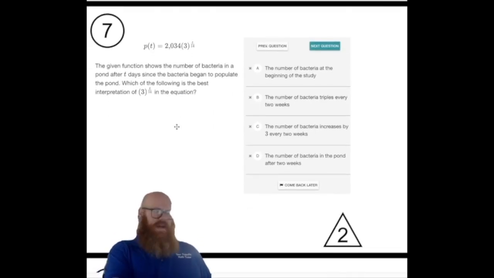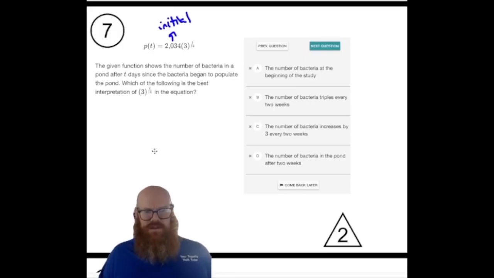All right, number 7. So we need the interpretation of 3 to the t over 14. So basically, this is going to always be our initial amount in an exponential model. So it's like we started with 2034 bacteria. Which of the following is the best interpretation?